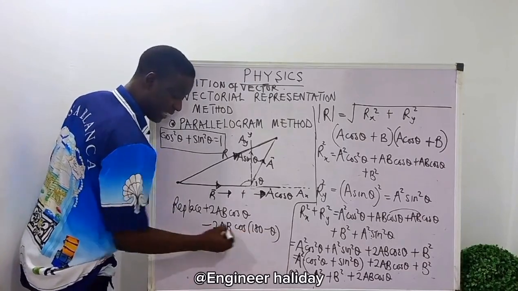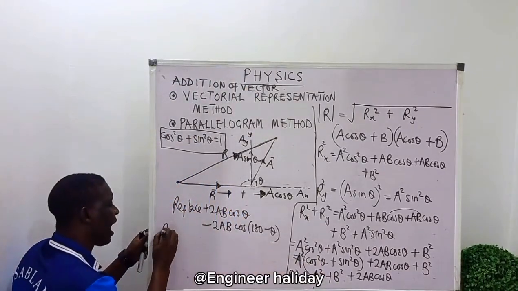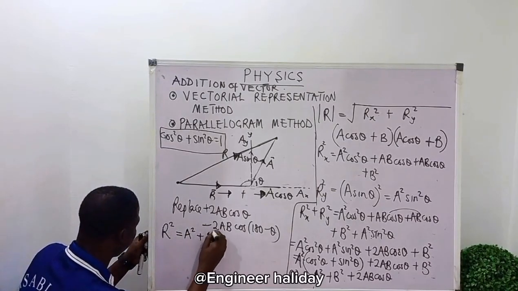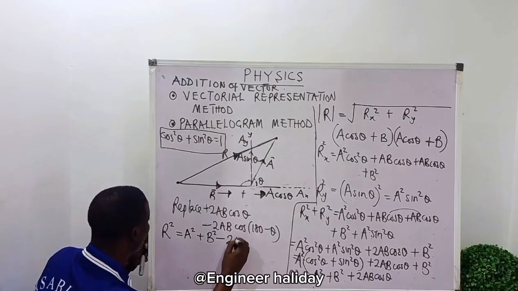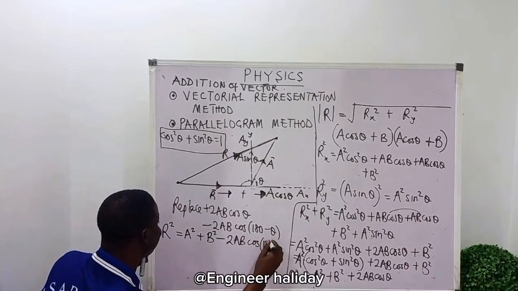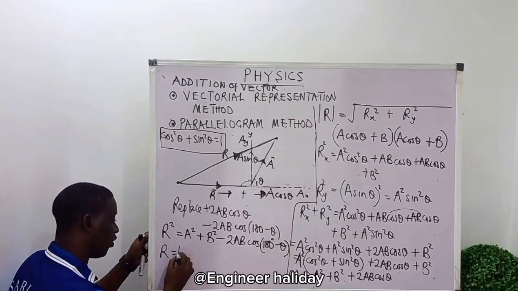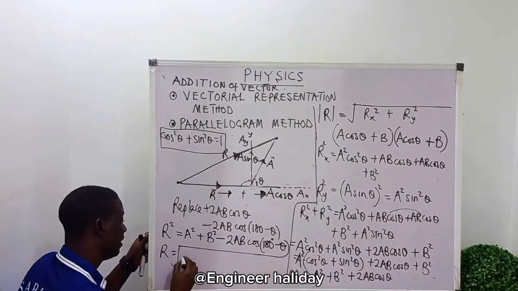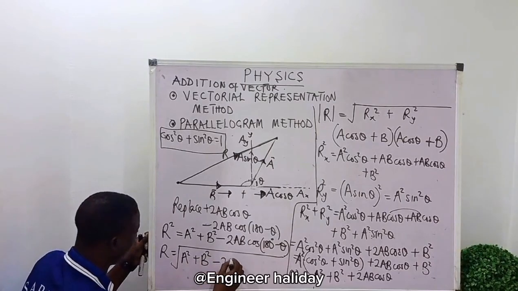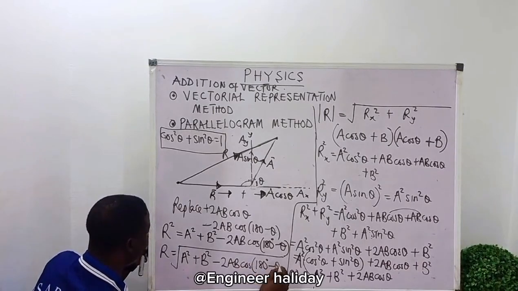To rearrange it, you are now going to have R square equal to a square plus b squared minus 2ab cos of 180 degrees minus theta, which will now give us R equal to the square root of a square plus b square minus 2ab cos 180 degrees minus theta.